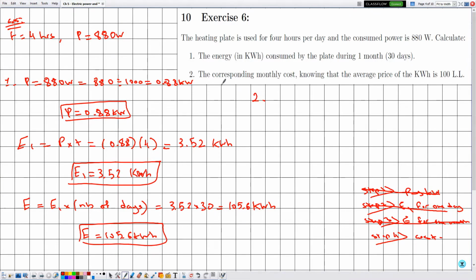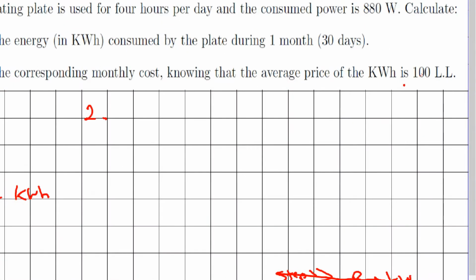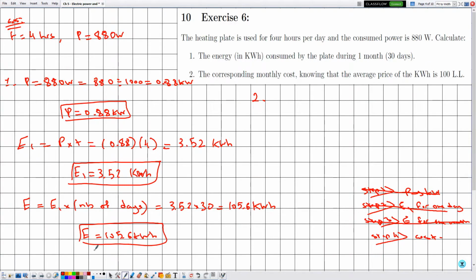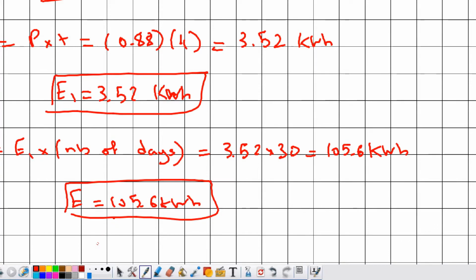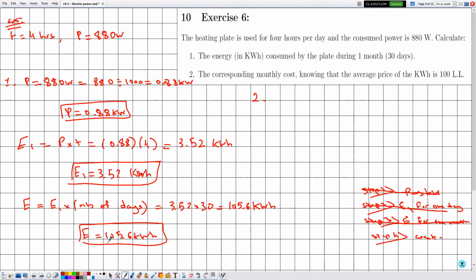Now in number 2 they are telling me we need to calculate the corresponding monthly cost, knowing that the average price of 1 kilowatt hour is 100 Lebanese liras. We know that the electric energy overall is given by 105.6. So in order to determine the cost, we simply multiply by the price.